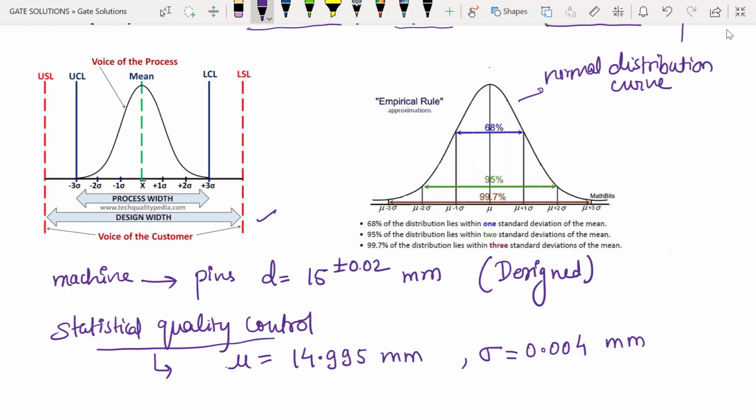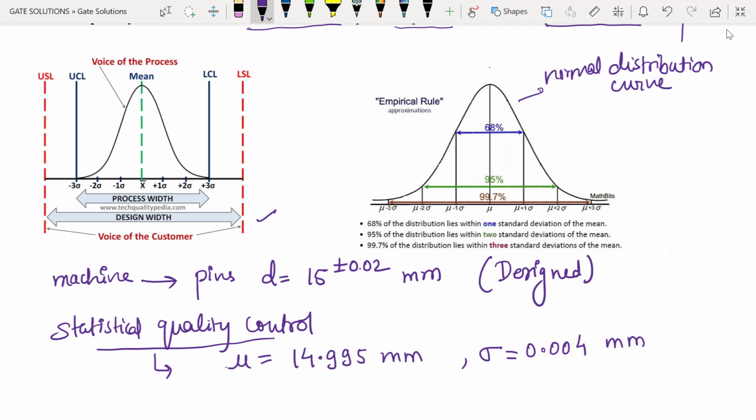Now, why do we calculate the process capability index? We know that we designed the pin for this much diameter and we are getting a diameter with a mean of 14.995 mm and standard deviation of 0.004.